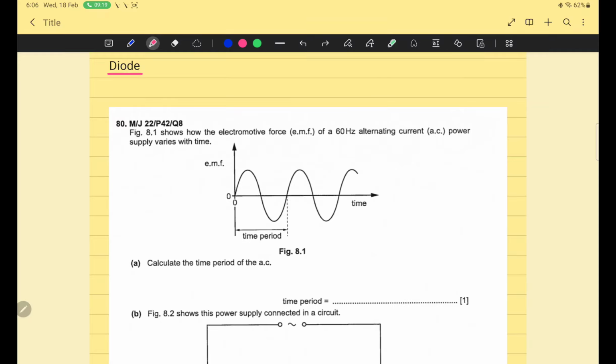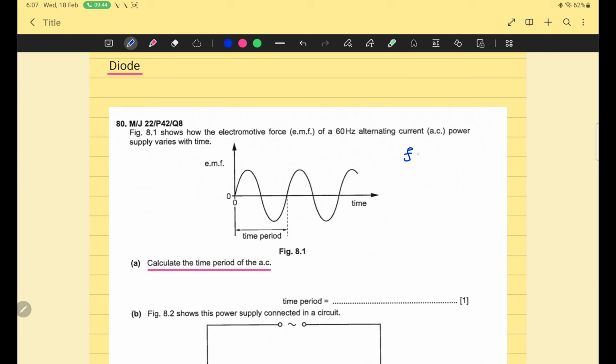The question is, sir, we are given a graph of an alternating current, alternating voltage power supply. And the question is, calculate the time period of the alternating current. We are given frequency, and they are asking to calculate time period.